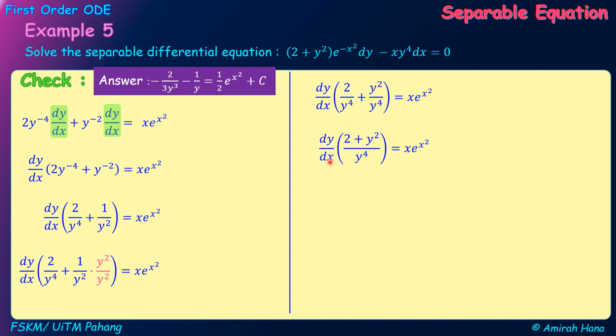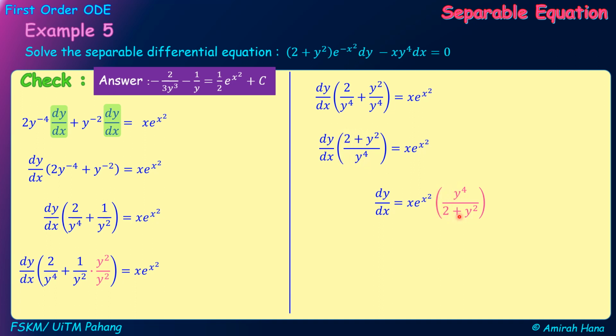From here, to write dy over dx as the subject, we need to move this fraction to the right hand side. So we get dy over dx equals x e to the power of x squared times, we exchange the numerator and denominator, so we get y to the power of 4 in the numerator and 2 plus y squared in the denominator.